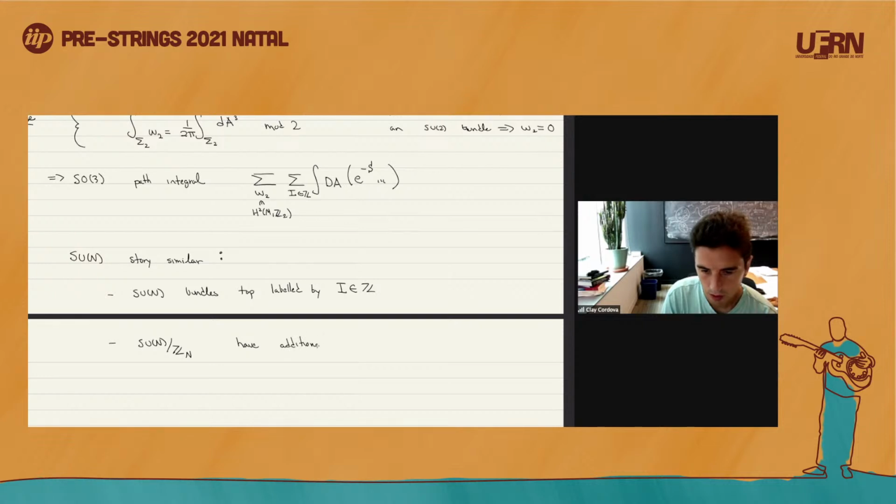The additional invariant is a class W2 in H2 of M with coefficients in Zn.